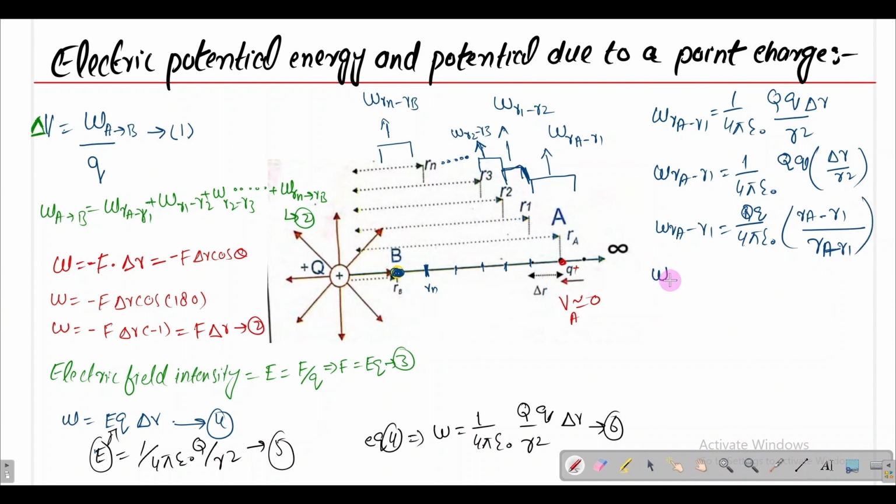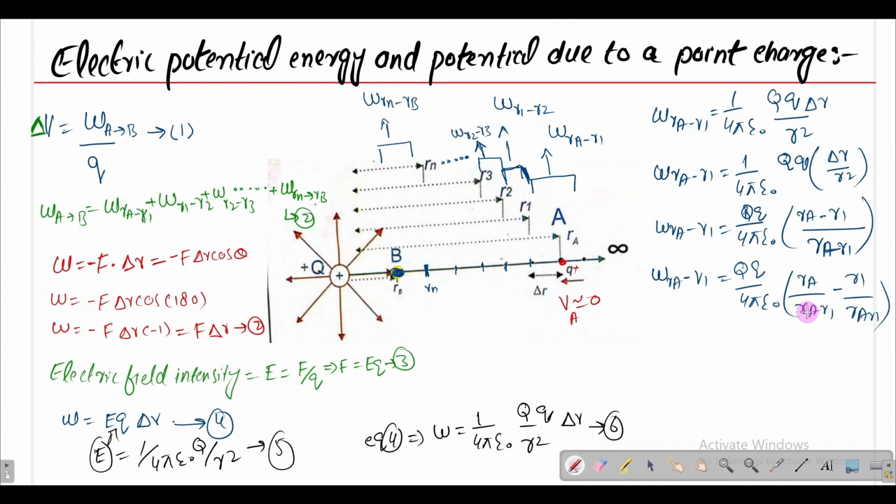For further simplification, the work done from RA to R1 is equal to Q by 4 pi epsilon naught, and RA divided by RA R1 minus R1 divided by RA R1.